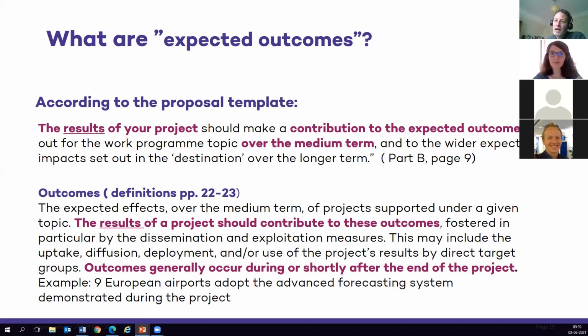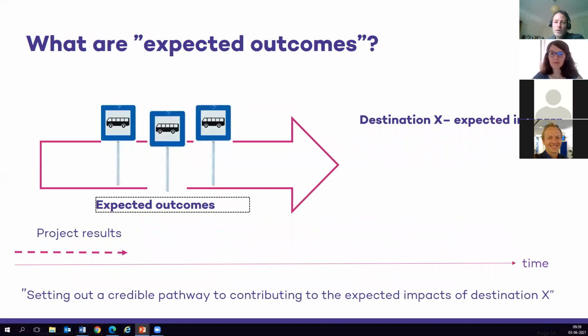So there is not a definite answer to when you should deliver on the expected outcomes, but obviously, since we're talking about an impact-driven program, Horizon Europe, you should aim to deliver on the expected outcomes and impact sooner rather than later. I've made this illustration to help us understand what the expected outcomes are.